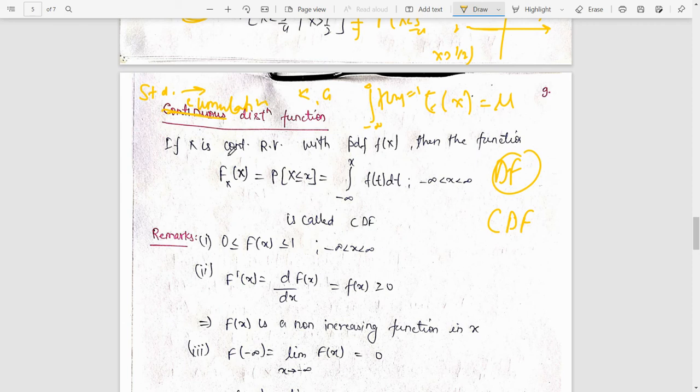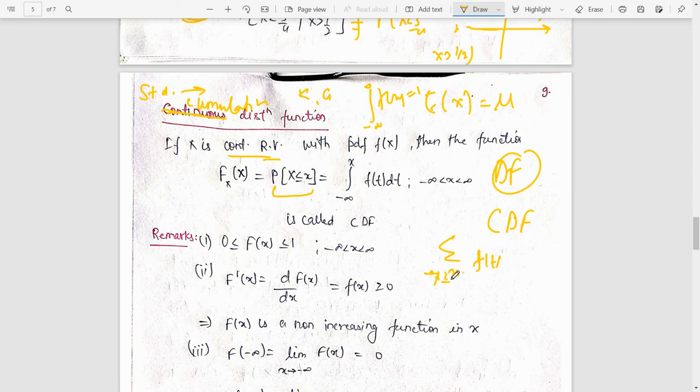So for a continuous random variable, the cumulative distribution function is defined in the same way. In the discrete case, we added all the terms up to the point x, from minus infinity to x. This thing was f(t), and this variable can be regarded as x.